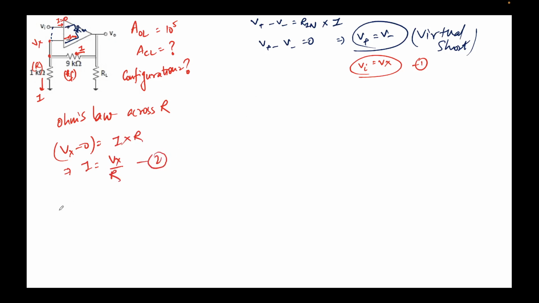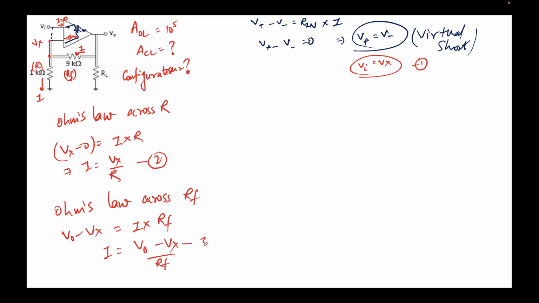Now let's write Ohm's law across RF. So the potential drop across RF is V0 minus Vx. V0 minus Vx equal to the current flowing through this RF, which is I, times RF. I'll get I equal to V0 minus Vx over RF.